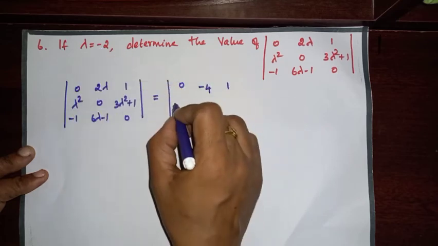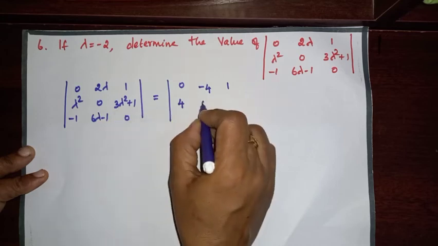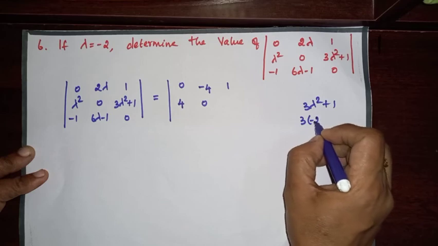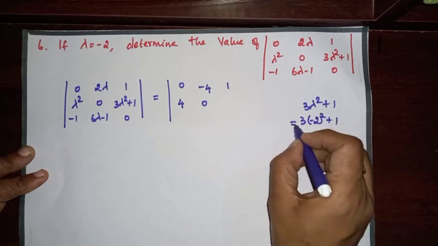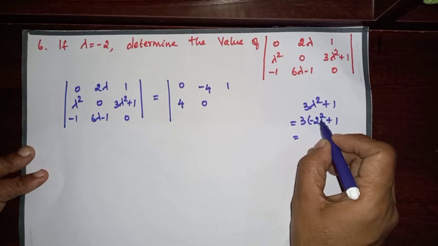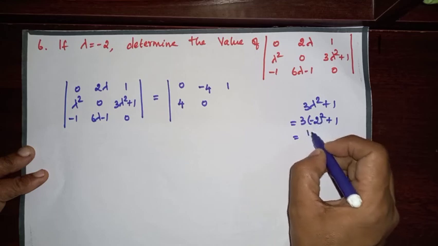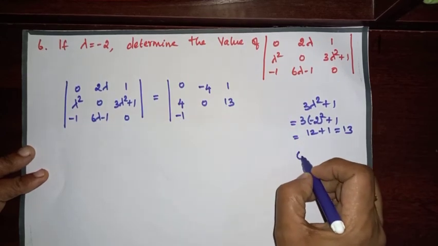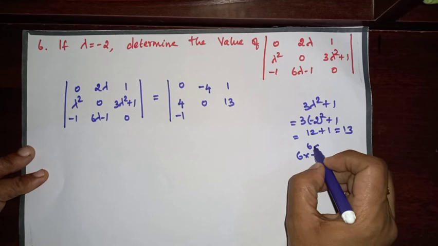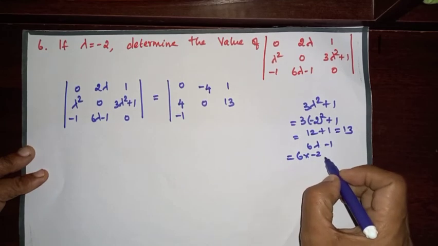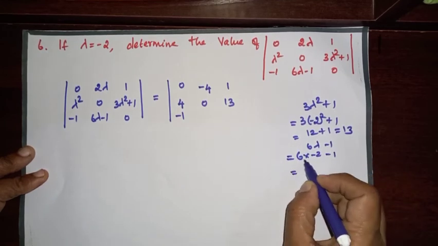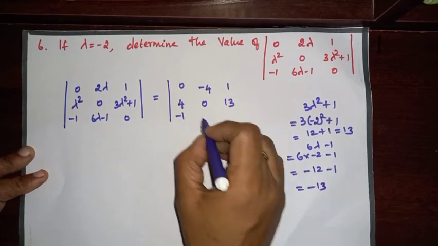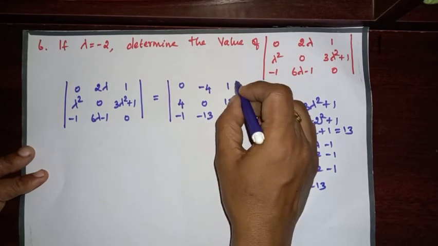Lambda square, minus 2 the whole square is 4, 0, 3 lambda square plus 1. 3 into minus 2 the whole square plus 1, which gives 4 into 3, 12, 12 plus 1 which is equal to 13, minus 1, 6 lambda minus 1, 6 into minus 2 is minus 12 minus 1 which gives minus 13, 0.